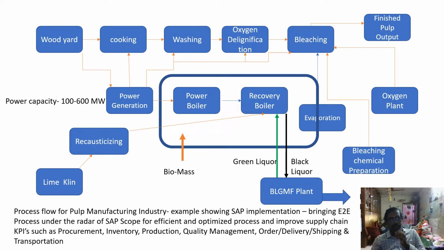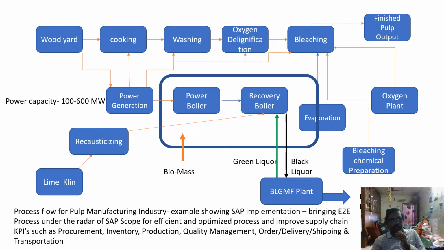So we are giving input of green liquor, and after the process is over it is taken as black liquor. So the output will be DME or sodium hydroxide, and SNG, FTD, and H2 hydrogen. All these things will be emitted from this BLGMF plant.